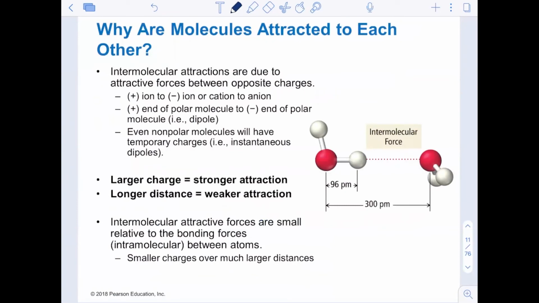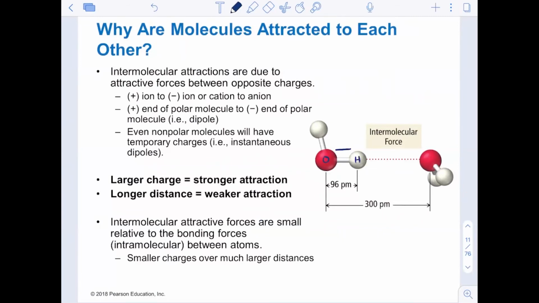So why are molecules attracted to each other? Well, it's because there are electrons and protons in these molecules, and when we actually exist as molecules, we can have polar charges, right? We can have the delta charges, the partial charges, and those opposites attract, okay? So looking at that of water, we have an oxygen and a hydrogen bond.